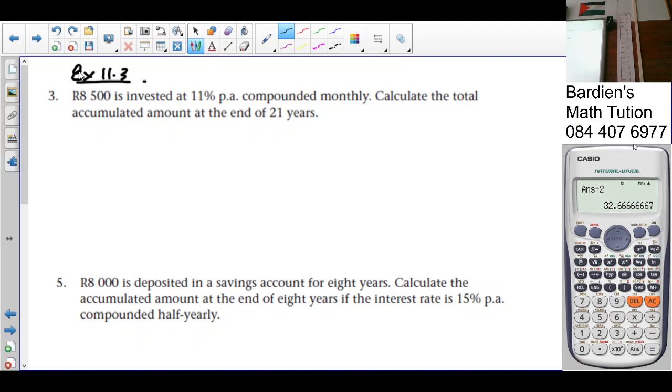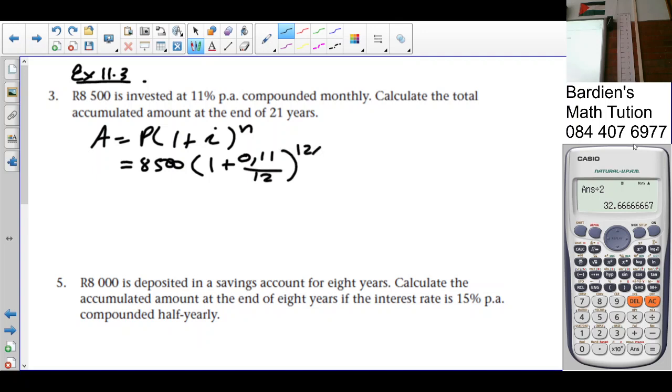My P is 8,500. So your first formula, A is equal to P into 1 plus i to the power n. Right? So you see 8,500 into 1 plus 0.11 over 12 to the exponent 12 times 21.